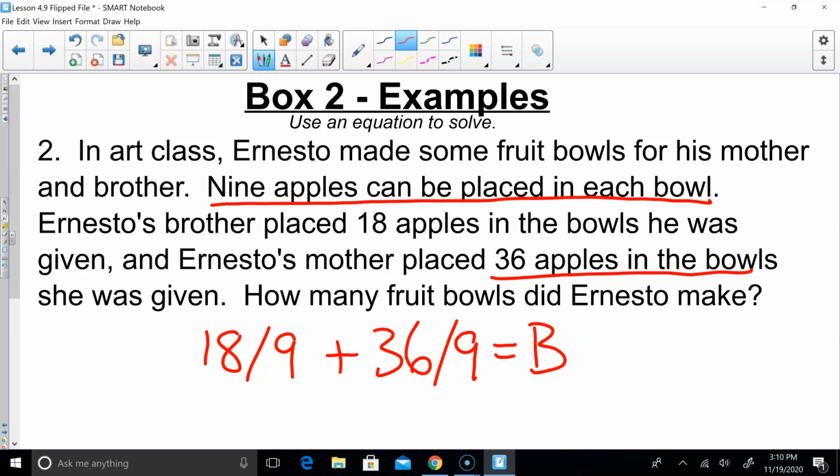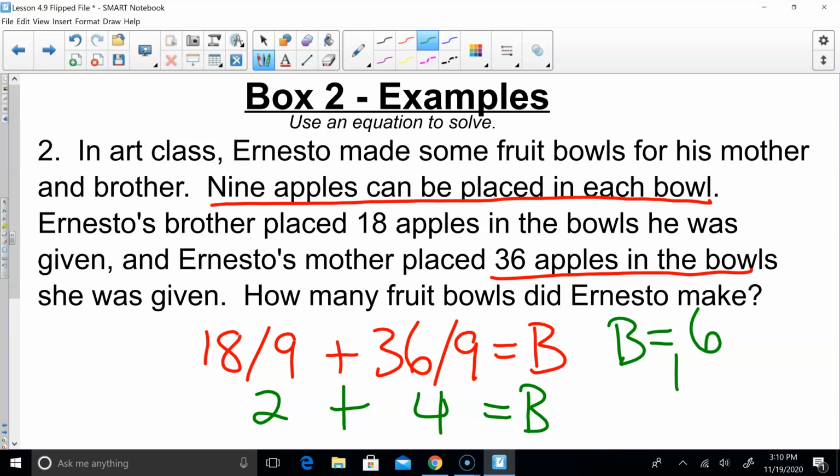So 18 divided by 9 would equal 2. 36 divided by 9 would equal 4, which equals B, which would mean B would equal, if we had 2 plus 4, would be 6 bowls.